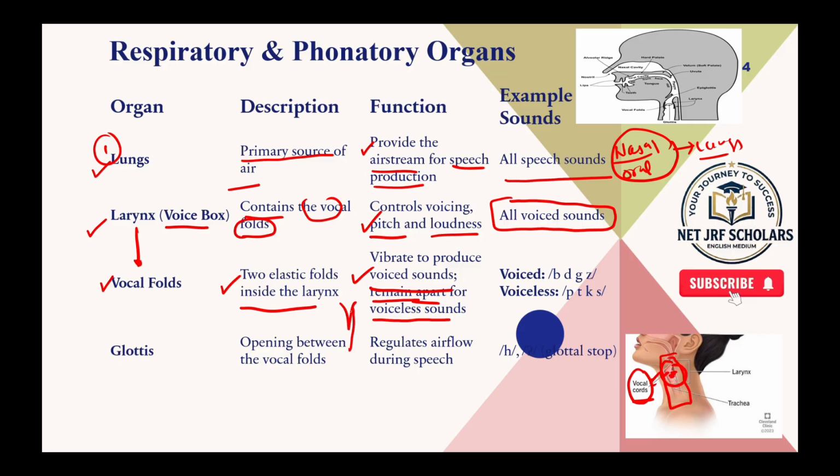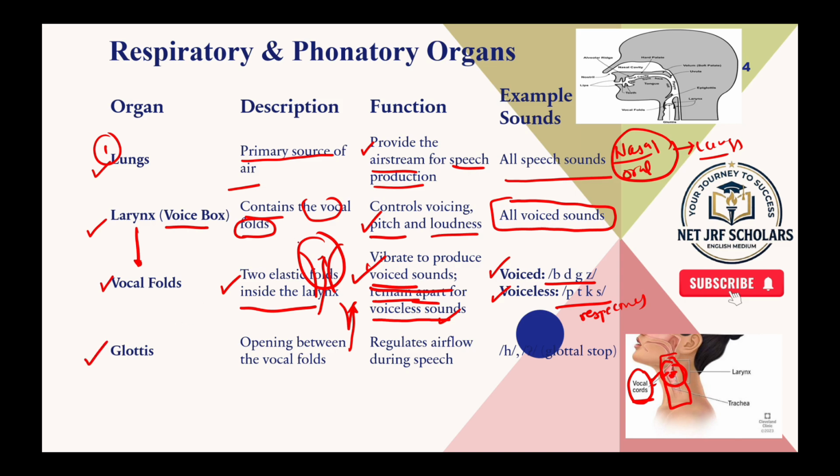When they are closed, you have a very narrow space to escape. As a result, they vibrate and it gives the voiced sounds. But sometimes they are far apart where the air comes freely, so that there is no vibration in the vocal folds. As a result, the sounds produced are voiced and voiceless sounds respectively.